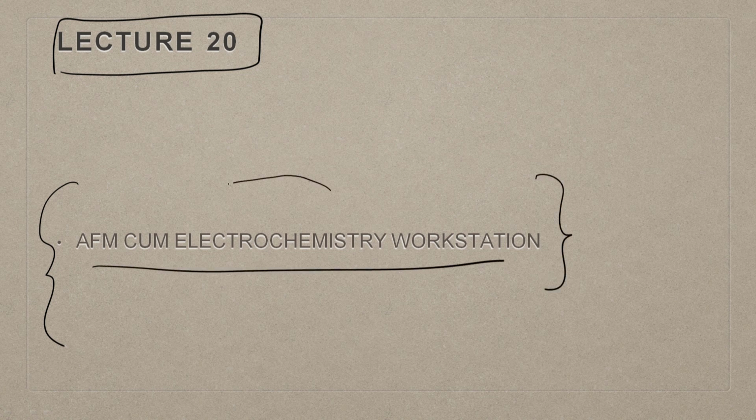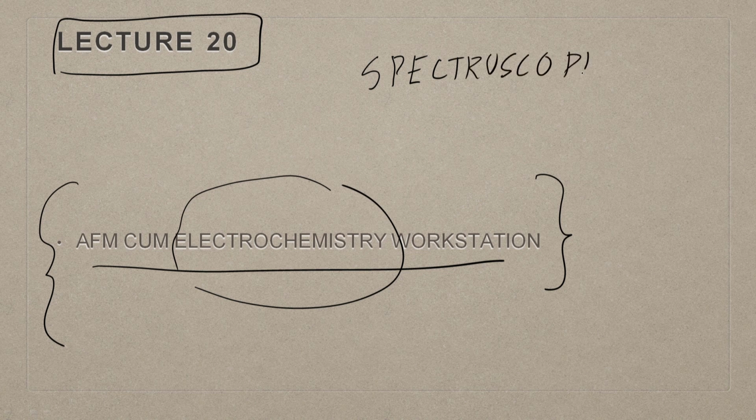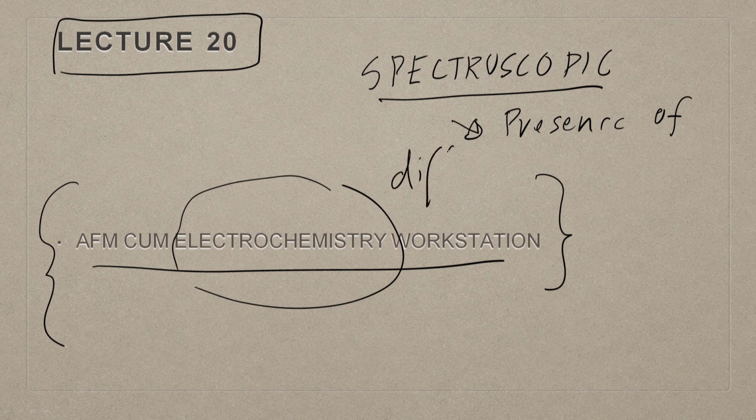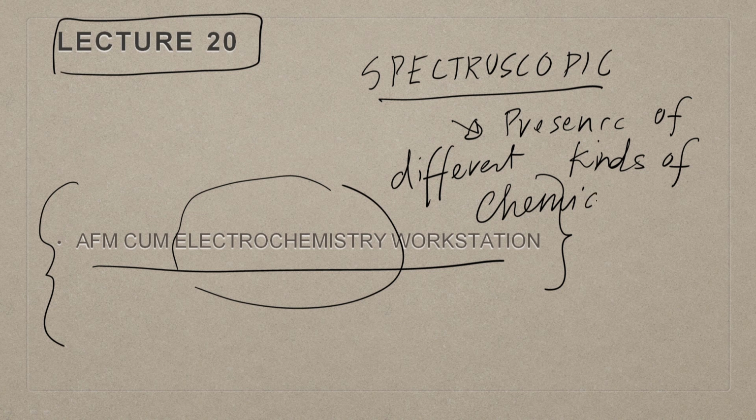Today, in this lecture, which is lecture number 20, we will talk about how it is coupled with electrochemistry workstations, because this is another interesting part. So far, when we talked about the spectroscopic tools, we talked about the presence of different kinds of chemical moieties.